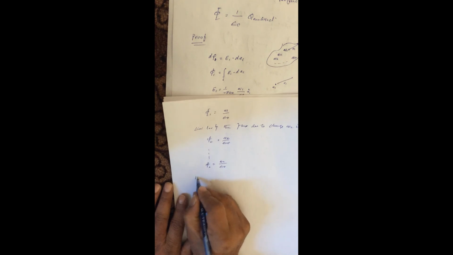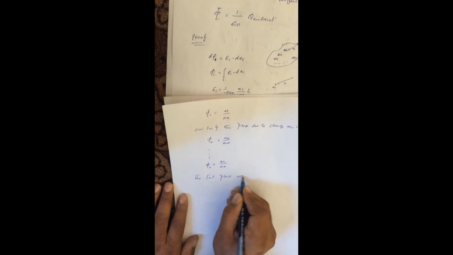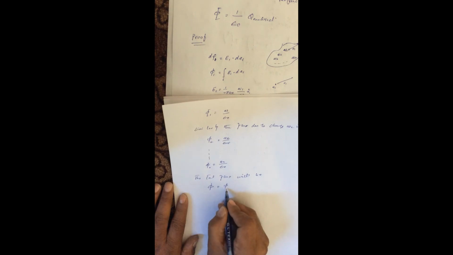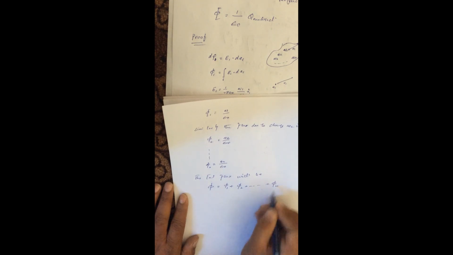Now the total flux is a scalar quantity. So the total flux, which I will represent by phi, is equal to the sum of the individual fluxes, phi 1 plus phi 2 plus up to plus phi n.